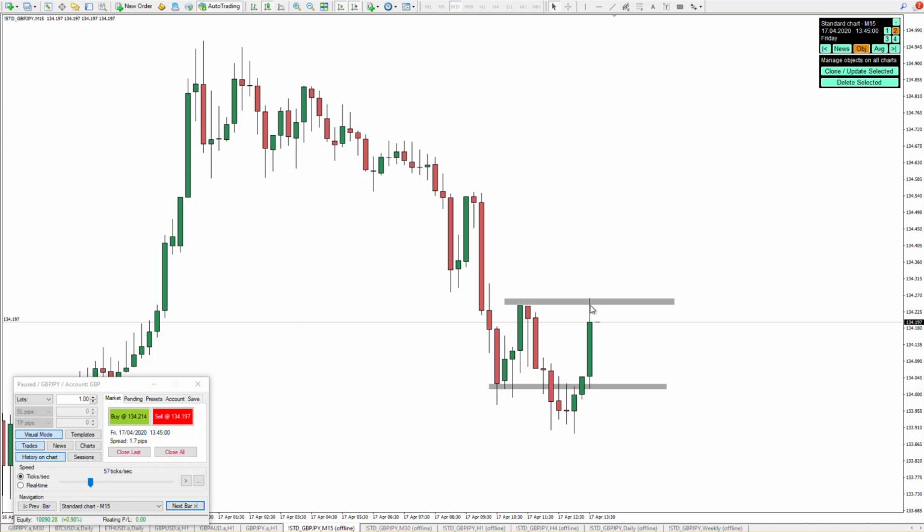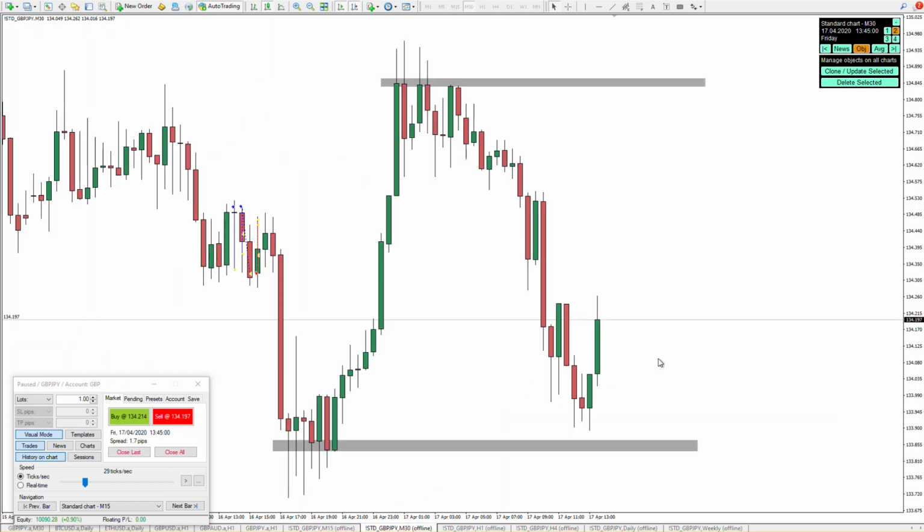Rejected this high, but I feel if you can get above, I think that's a buy, because on M30 we already saw this. Yeah, let's see.